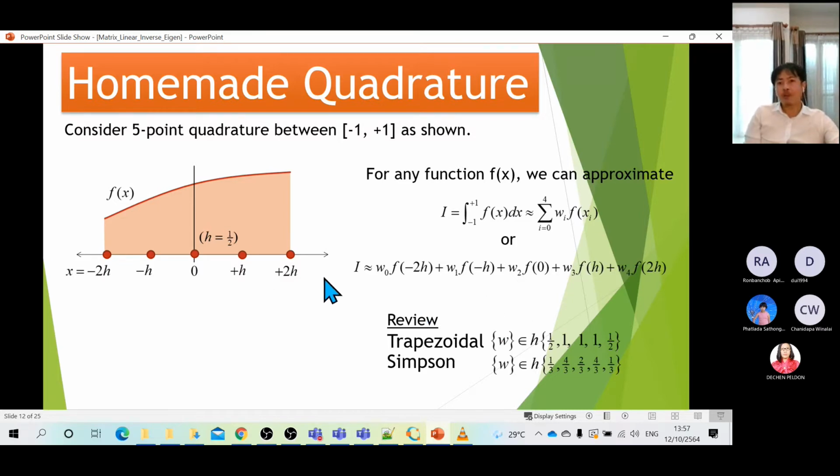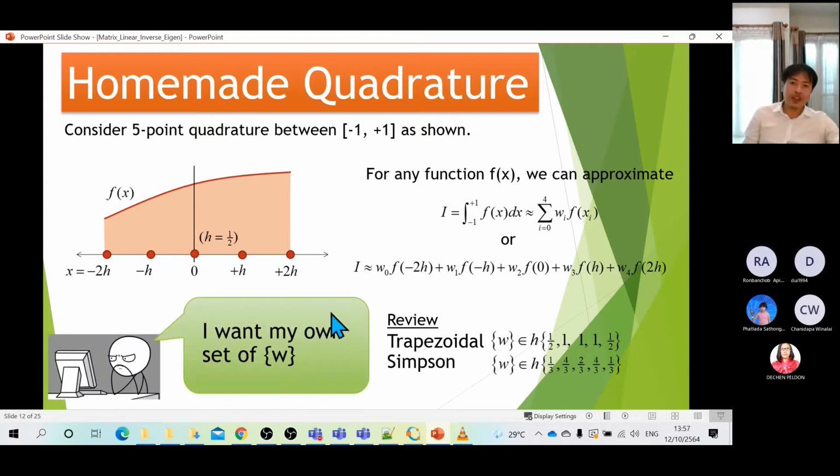Now, if you go back to the previous class, I give you here a review of the weights of the trapezoidal method from 1,000 years ago, or Simpson's. The weights are as shown here.